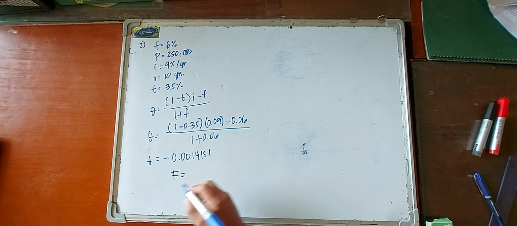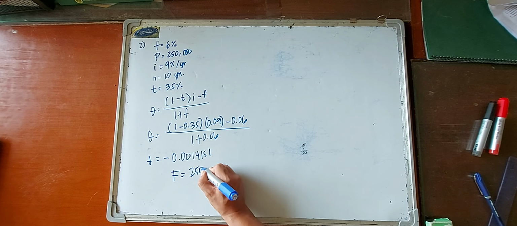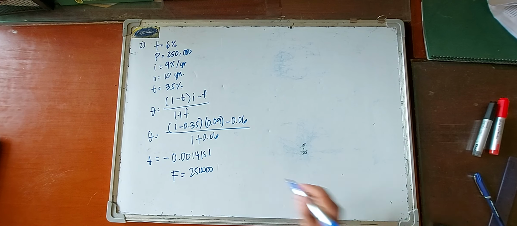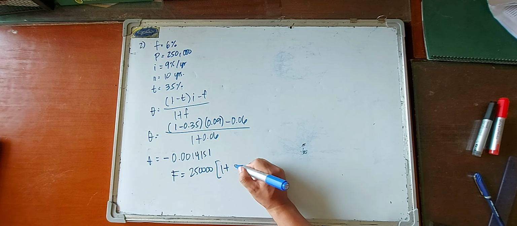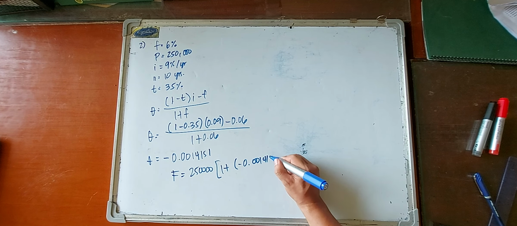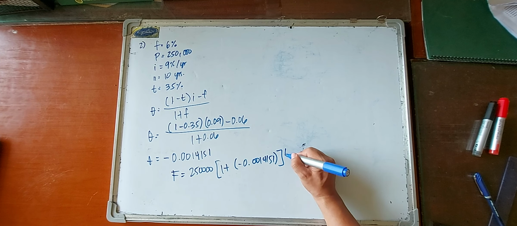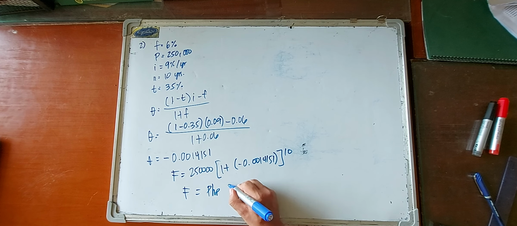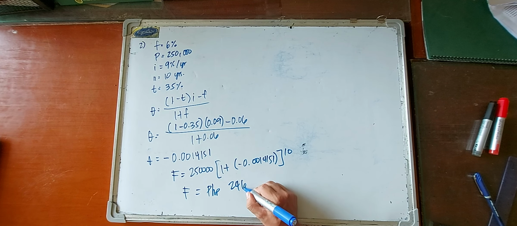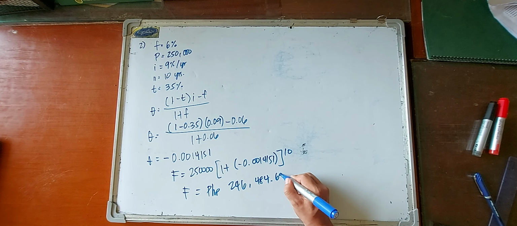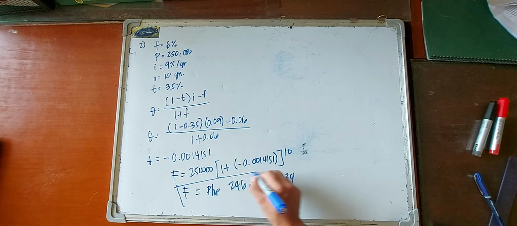So we simply, dito na lang natin, 250,000 yung principal, times 1 plus yung composite interest rate natin na negative. So that would be equal to 246,484.6934 pesos. That's the future value.